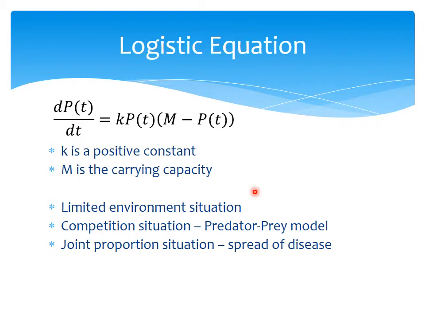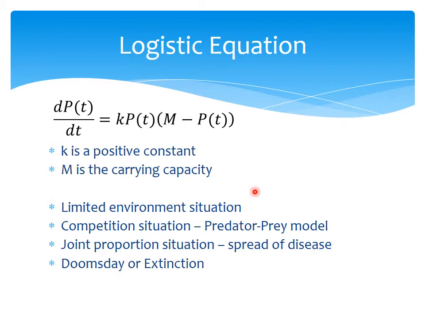And the other one is what is referred to as a joint proportion situation, and that usually is associated with the spread of some disease. You have a certain amount of your population who's already been exposed to the disease. How will it get spread over time, predicting how much time it will take for everybody in the population to have the disease, or 80% of the population having the disease.